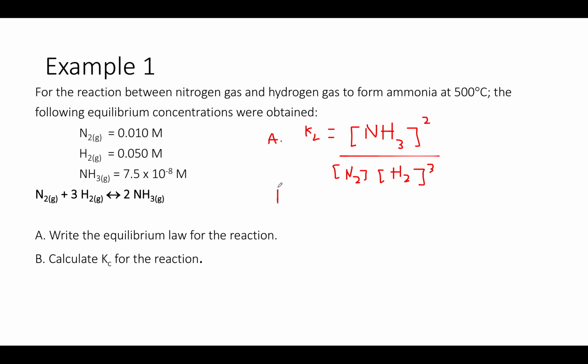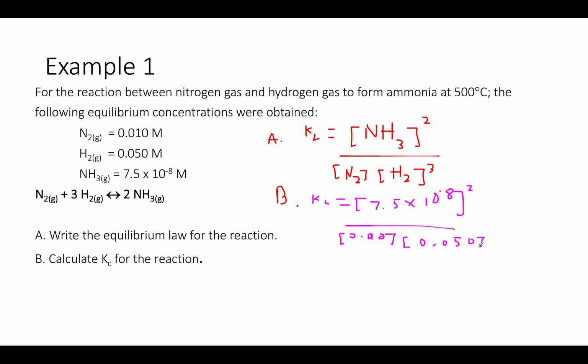Part B wants to know the equilibrium constant. And to know the equilibrium constant, we would just plug in what we know. So Kc would equal the concentration of ammonia gas, 7.5 times 10 to the negative 8th, and this is squared per the equilibrium law, divided by the concentration of nitrogen gas, which is 0.01 molar, times the concentration of hydrogen gas cubed per the equilibrium law.